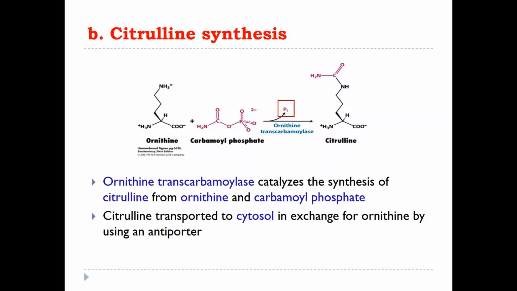Once it's formed, citrulline is transported through the inner mitochondrial membrane into the cytosol in exchange for a molecule of ornithine by using an antiporter which can pump citrulline out of the mitochondria and ornithine from the cytosol into the mitochondria.